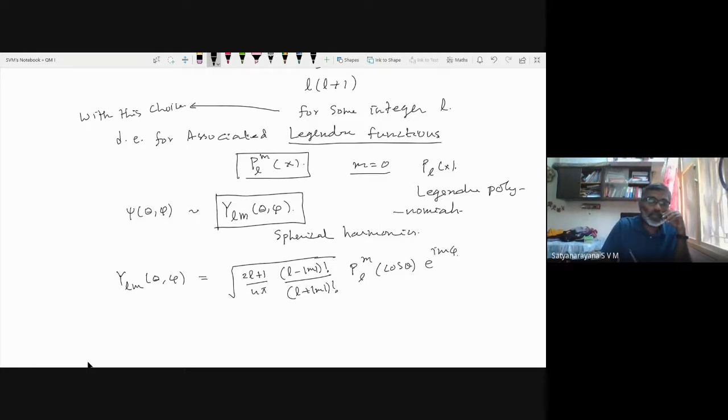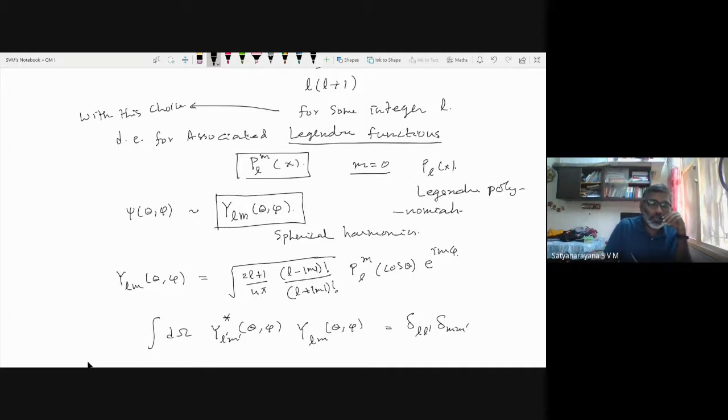Now the interesting thing is all these prefactors we have to put such that when you do an integration over your solid angle d omega, of Yl star and Ylm, these are complex functions, if you take some L prime and M prime here and LM here, they are orthogonal and also normalized.